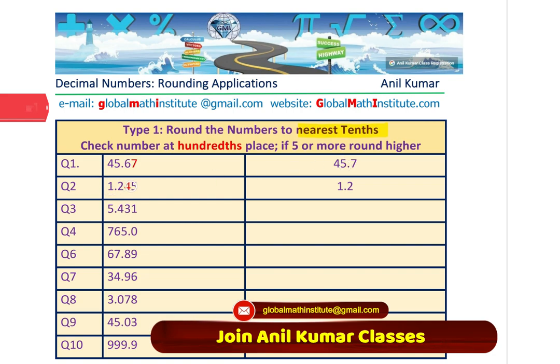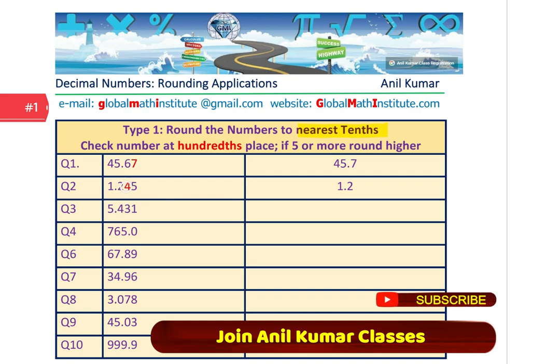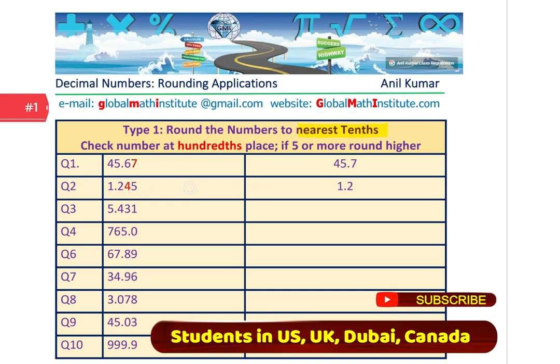Next, 1.245. We have to round the number to nearest tens, so 2 may change or remain same. If the number next to 2 is 5 or more, it increases by 1. Here, the number next to 2 is 4, so it does not change. It became 1.2, rounded to the 10th place, correct?